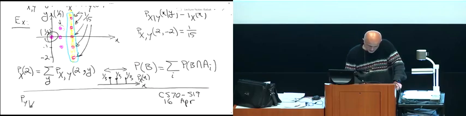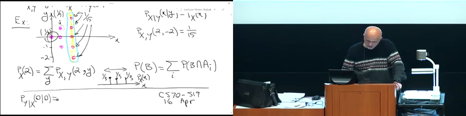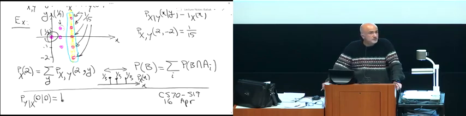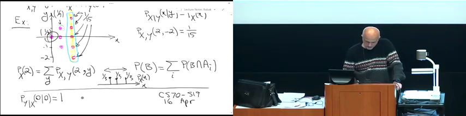Probability of y given x, when x is 0, the probability of y being 0 is what? 1. This is the conditional probability of y given that x is 0. So if I tell you x is 0, all the probability is now sitting at the number 0.